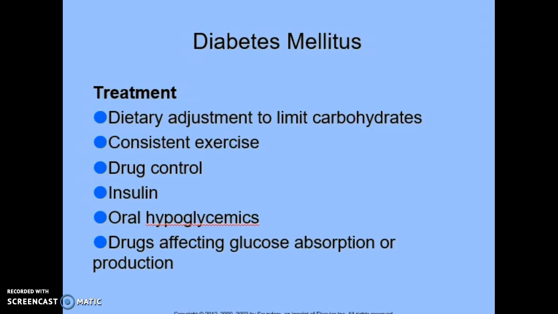We're talking to this patient about dietary adjustments, about needing to have consistent exercise, again stressing how much the drug control is needed. That is a really big part of patient education, helping them to understand, but also helping them to feel supported. You're taking a lot away from them when they are diagnosed with diabetes, and there are some pretty major changes that have to happen.